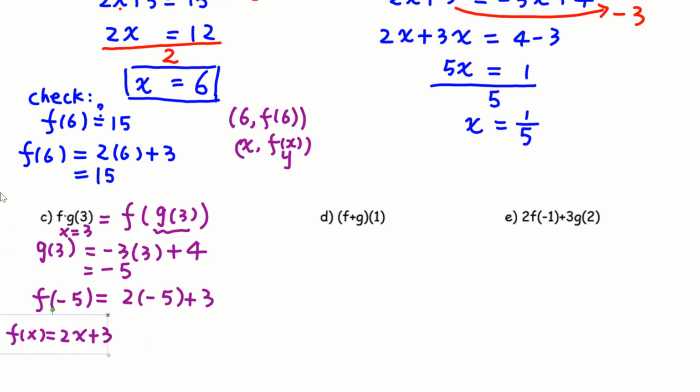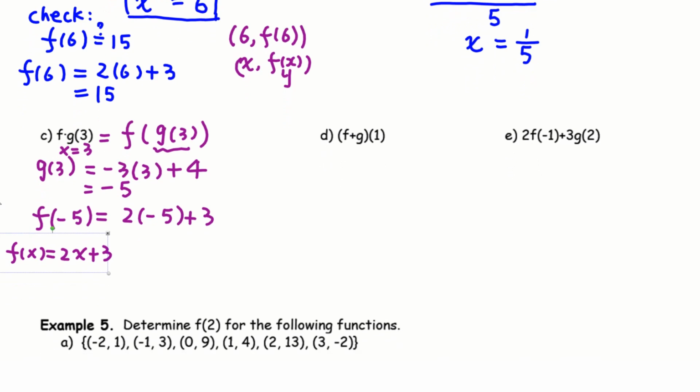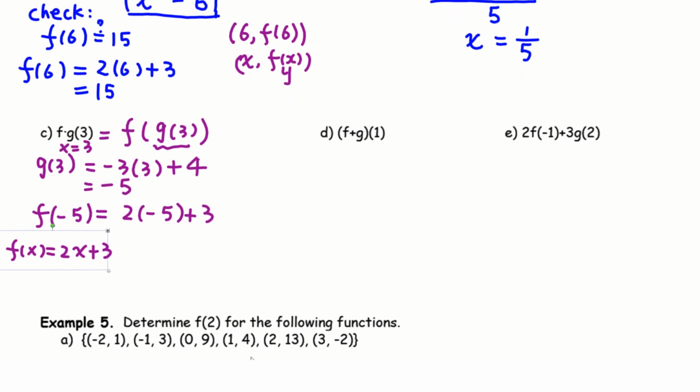So whatever is in the bracket is your x value. Replace by substitution: negative 5 put here. So 2 times negative 5 plus 3. Then we have negative 10 plus 3 gives you negative 7.